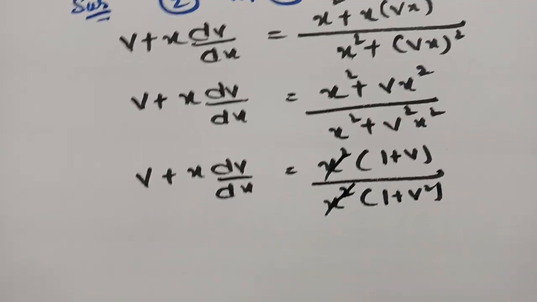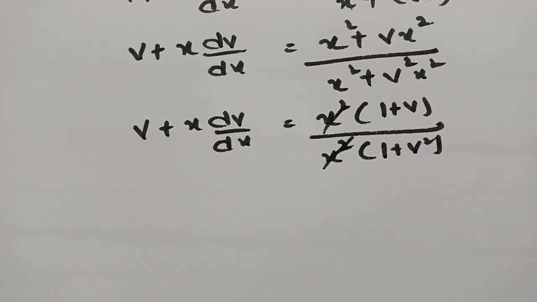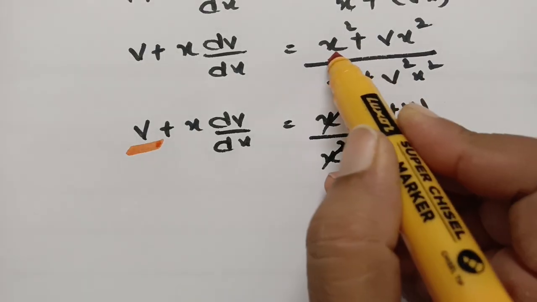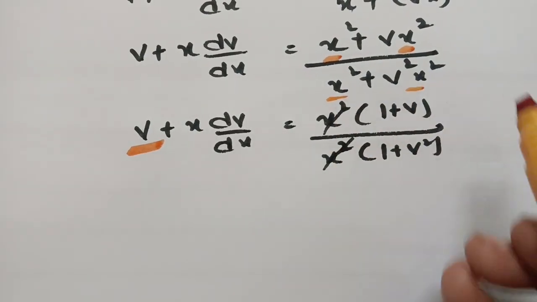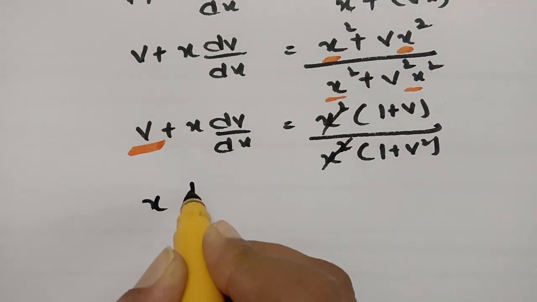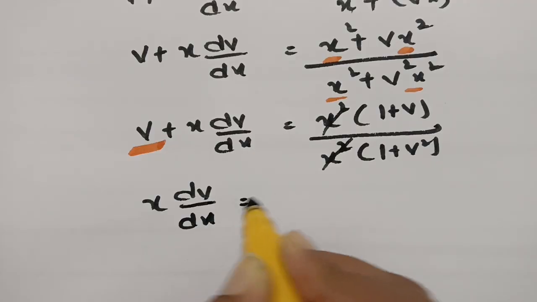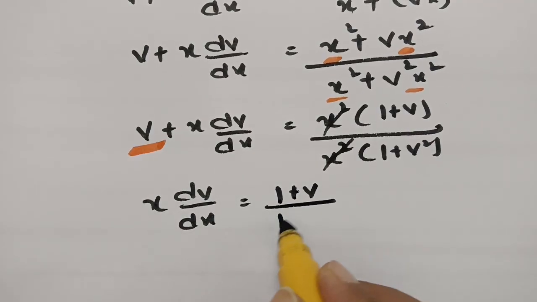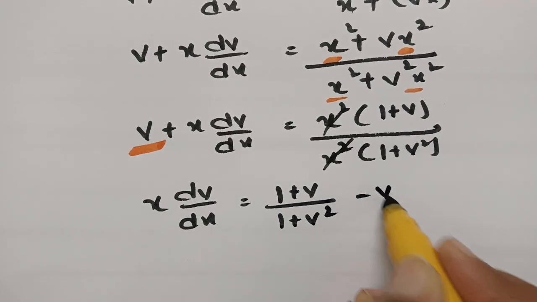If I cancel these two, and I am going to send this v to the other side, therefore x into dv by dx is equal to 1 plus v by 1 plus v square minus v.